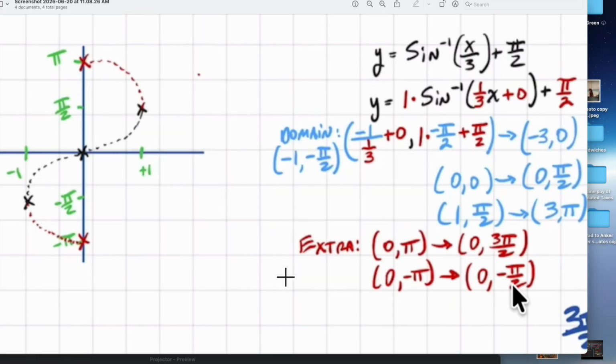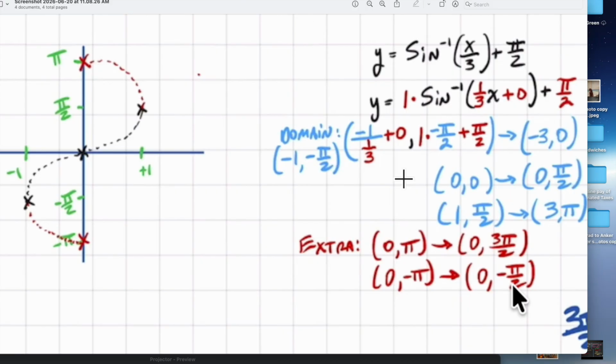Now that we've created our inverse sine graph located here on the upper left, with these points indicated, these extra ghost points, now we're going to apply our transformations. So here's our final equation. I went ahead and expanded it, including our A value, our B value, our C value, and our D value.